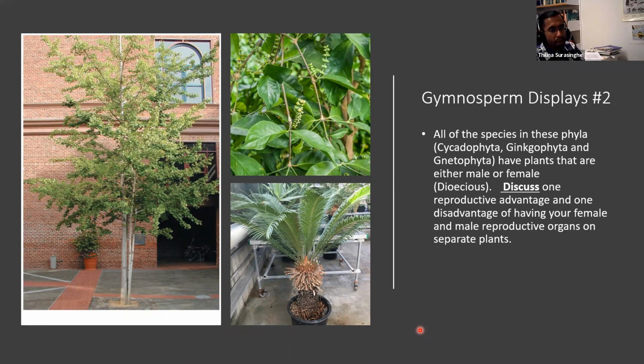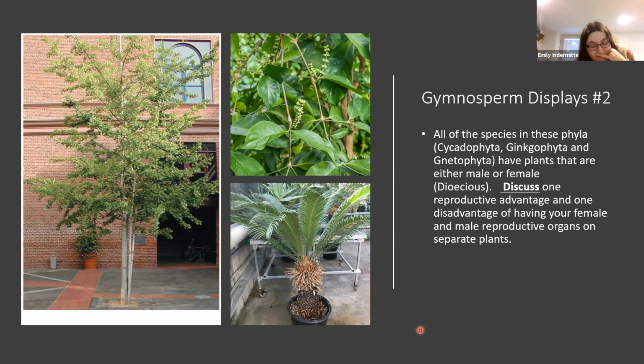So tell me one advantage and one disadvantage of having male versus female plants. Now, I'll give you a hint. What Emily just mentioned can be brought back here.